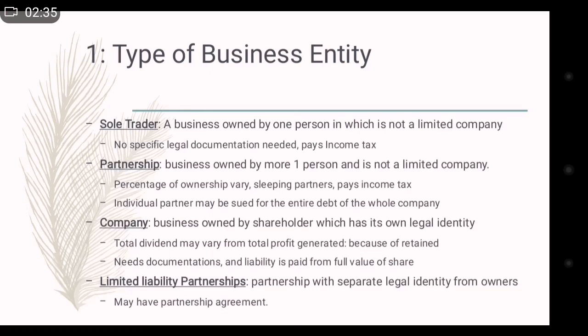So let's look at a company. A company has its own legal identity. Therefore, owners of the company are not legally liable. If there is any legal liability, it will be paid up to the full value of the shares. Companies are owned by shareholders, who buy shares, and they elect the board of directors by voting.